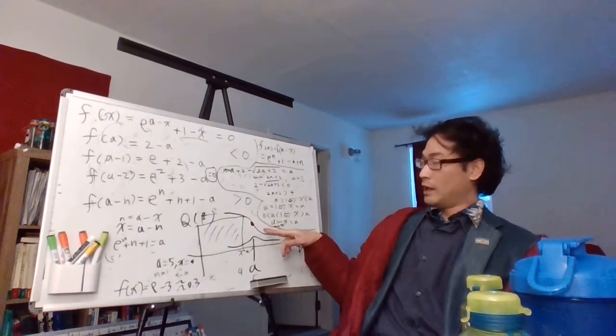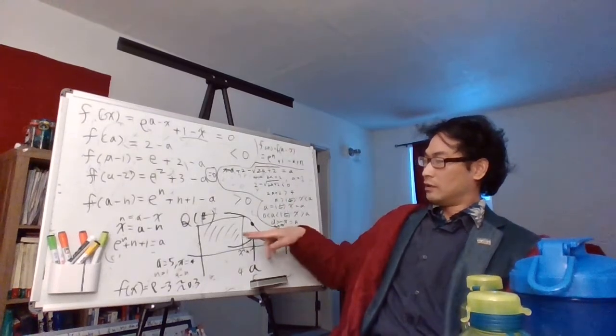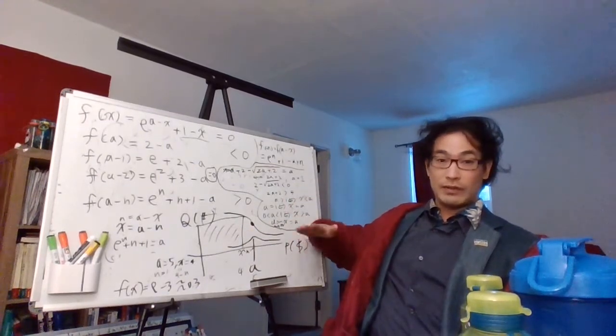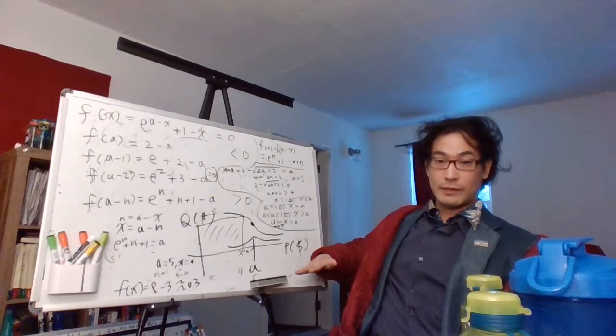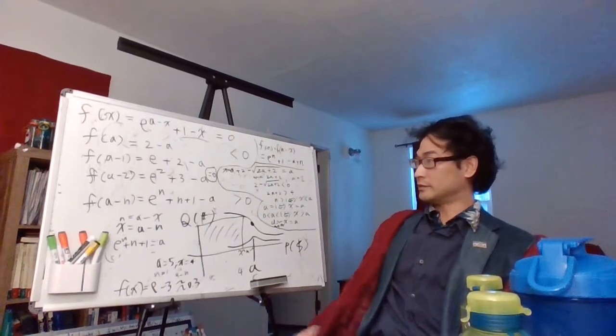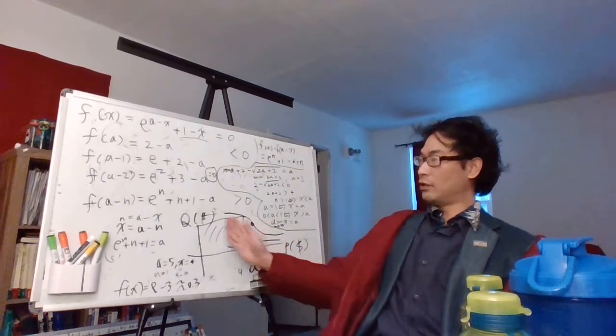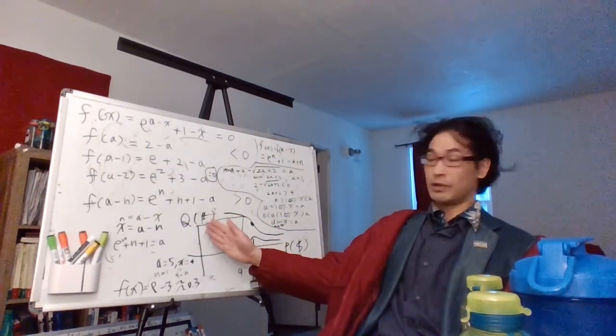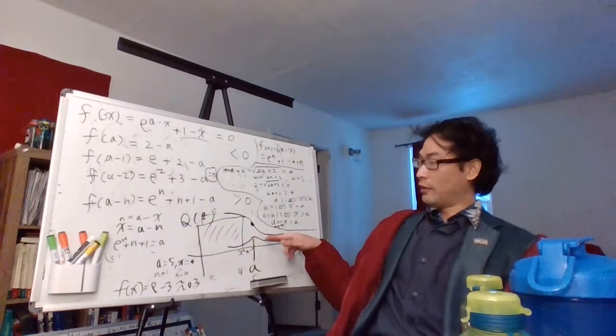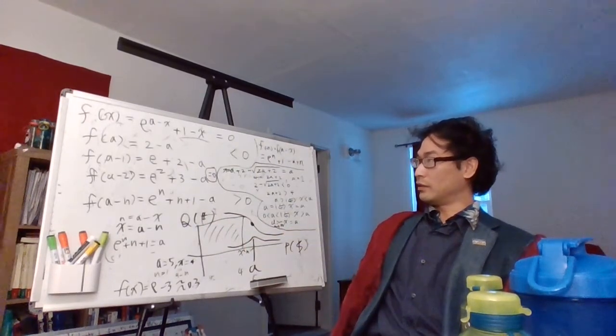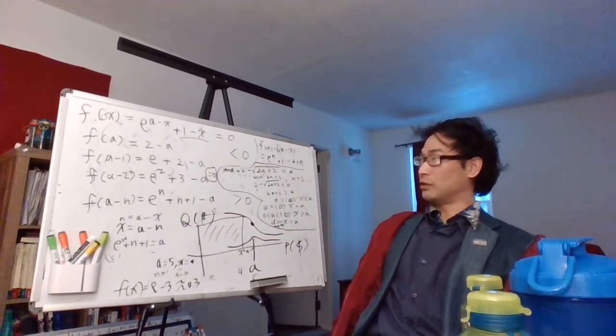If x is more than a, the rectangle gets flatter and flatter. When x is zero, the rectangle area becomes zero. When x goes to infinity, the rectangle area becomes zero too.